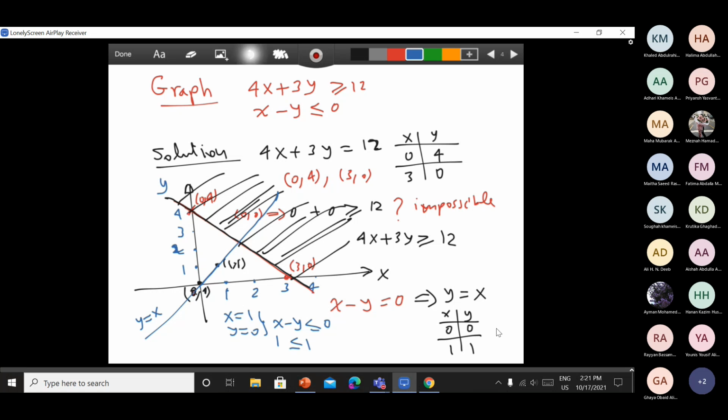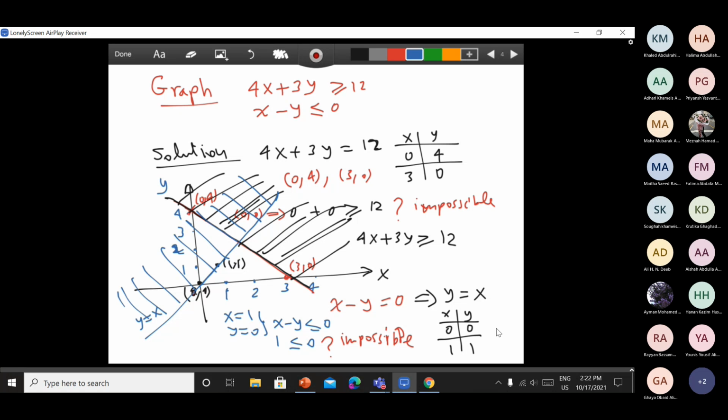Of course not. Impossible. So I cannot take this area, including this point I check with. So I'll take the area above. My line is included? Yes, it is included.